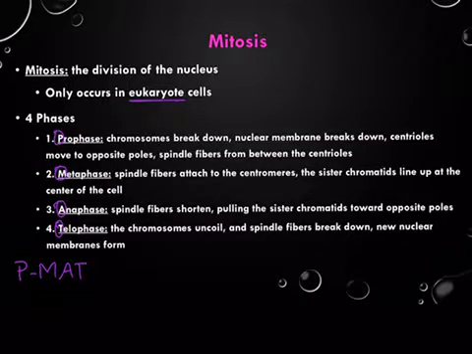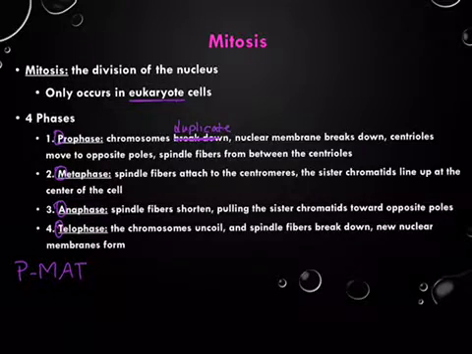So the first phase is prophase. This is where the chromosomes duplicate. The nuclear membrane breaks down, and the structure called centrioles move to opposite poles, and spindle fibers form between the centrioles.